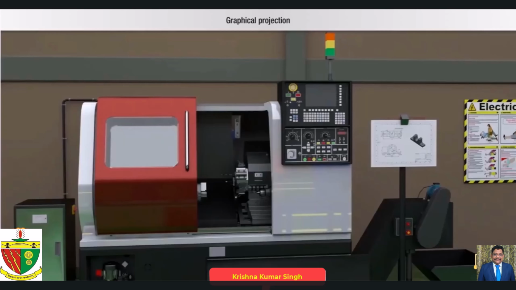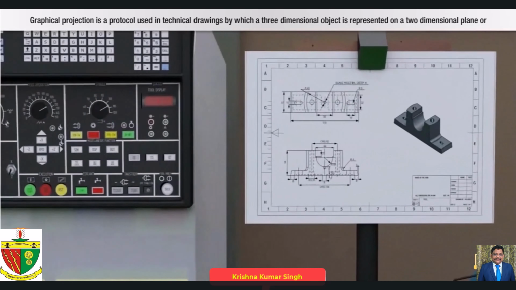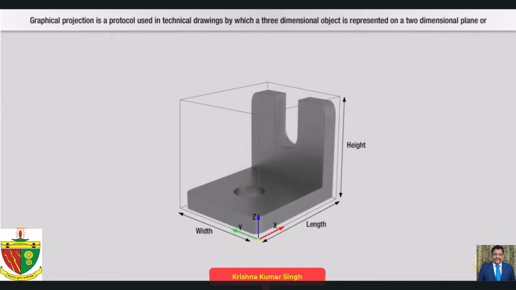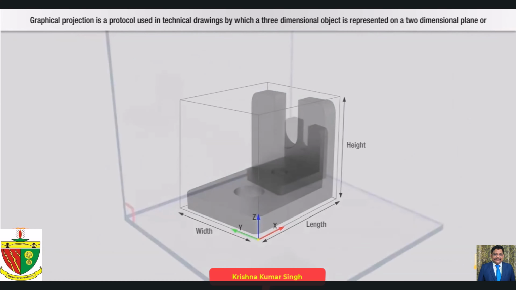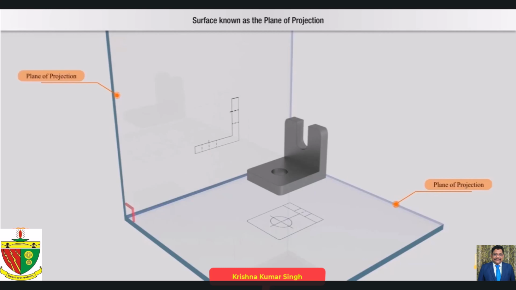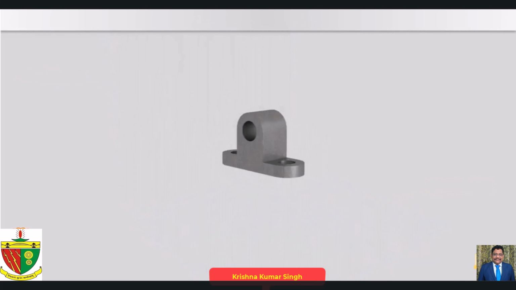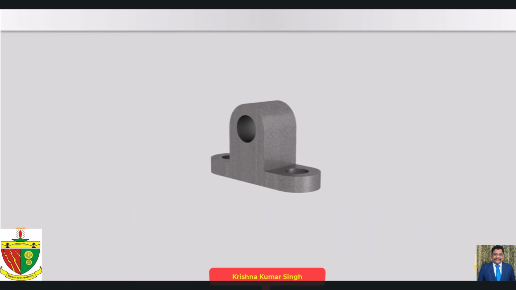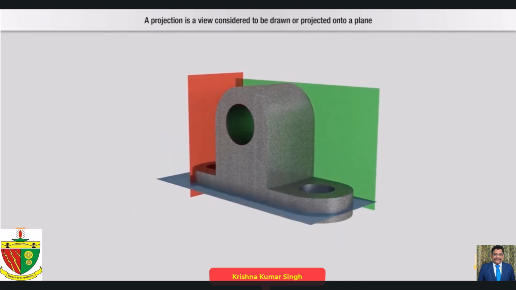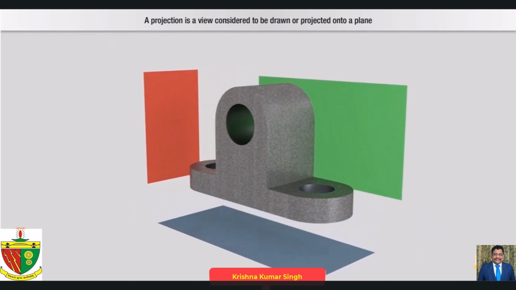Graphical projection. Graphical projection is a protocol used in technical drawings by which a three-dimensional object is represented on a two-dimensional plane or surface known as the plane of projection. A projection is a view considered to be drawn or projected onto a plane.